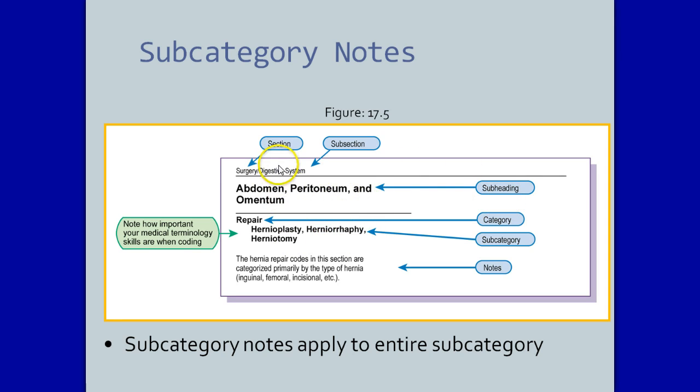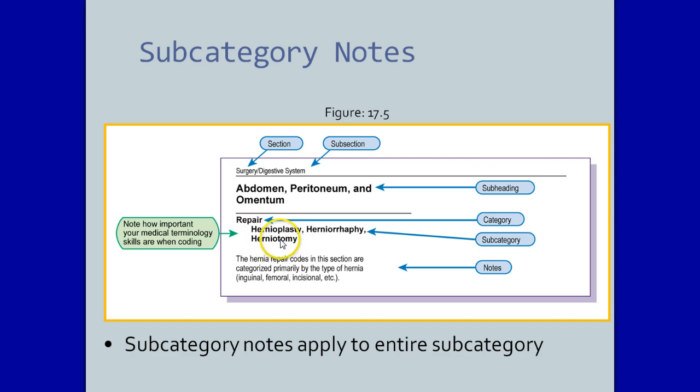So it's bringing it all together: section, subsection, subheading, a category under that subheading, subcategory up under here. The very first subcategory, because there are multiple subcategories under repair, but in this particular instance, we're under the word hernioplasty or herniorrhaphy and herniotomy.